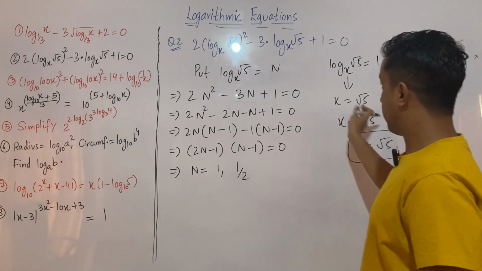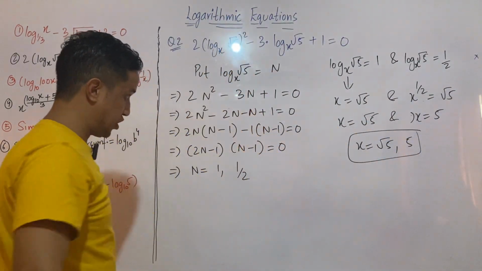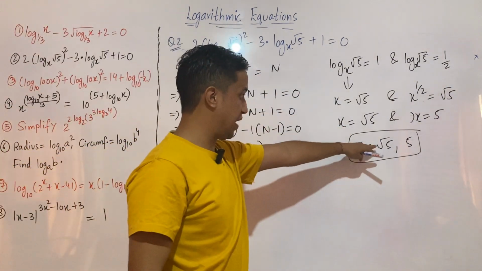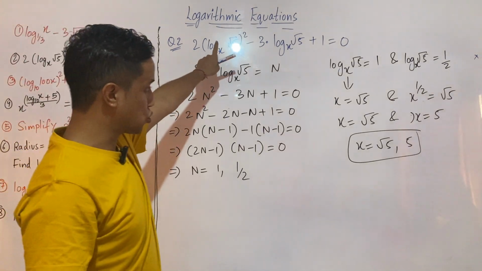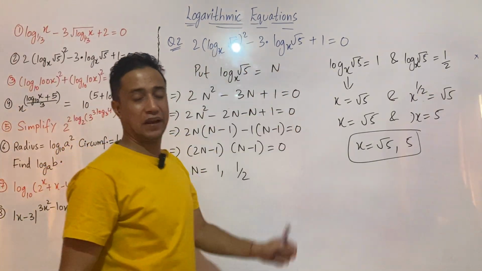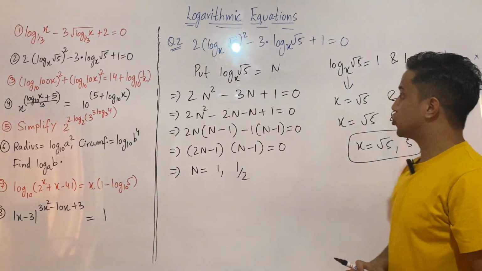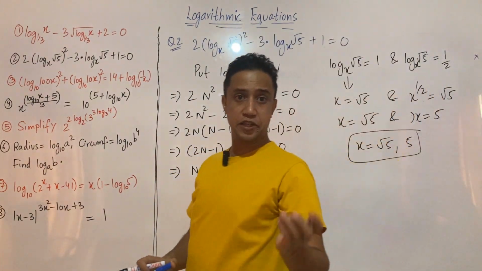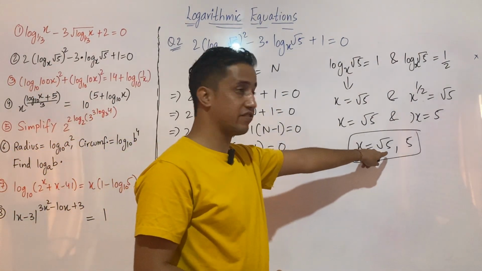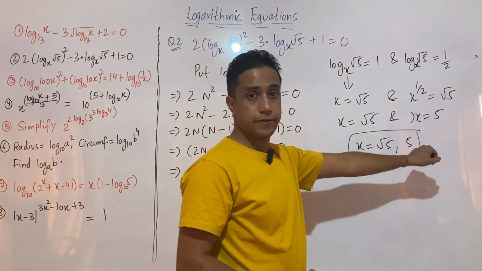Okay. Now you can check here because this is the base, right? So the base is going to be 5 and root 5. Okay. So it's fine because the base should not be 1 and it must be greater than 0. So x is going to have the values root 5 and 5.